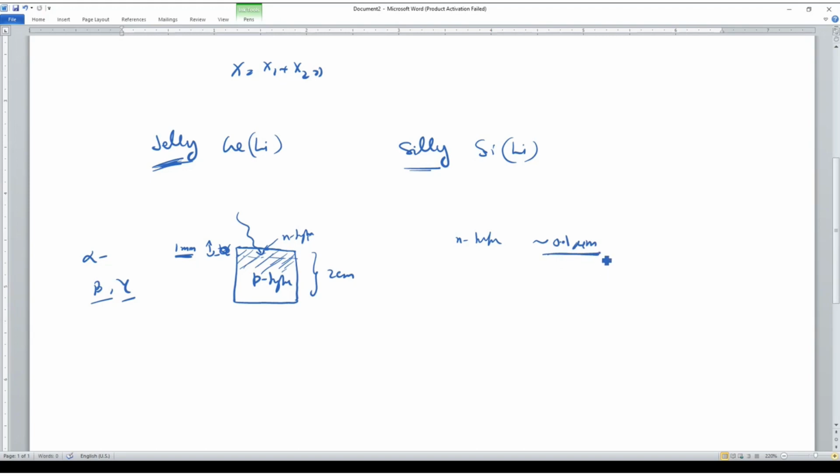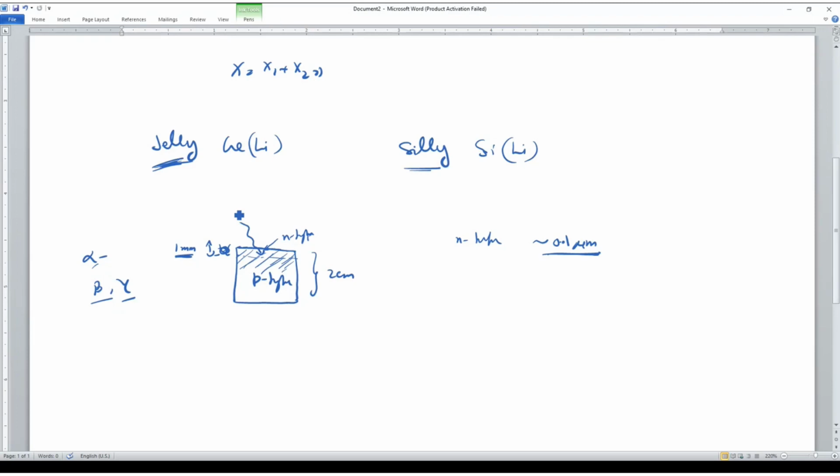It has become that small, and these are used to detect alpha particles also. But solid state detectors have many other benefits too. I will share the design in detail, what the design is and how much size these particular materials are, but roughly this is the picture we have.